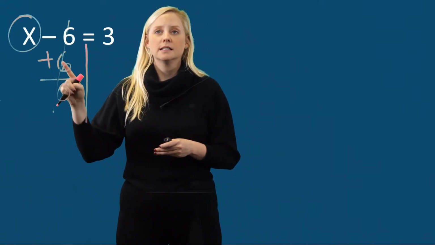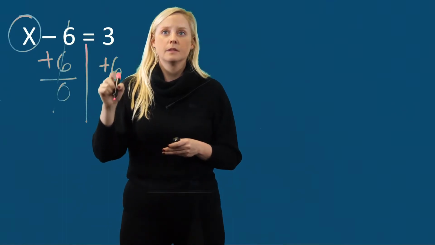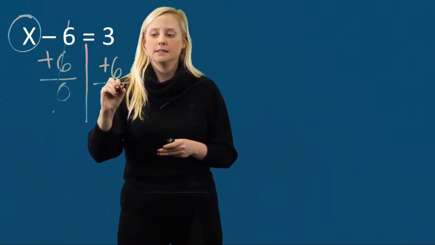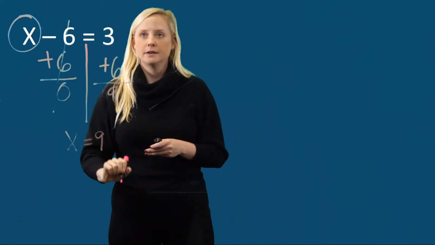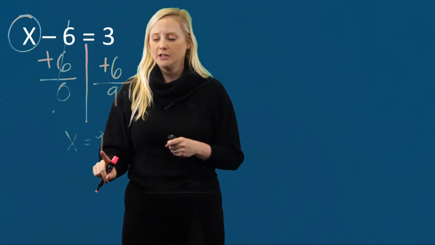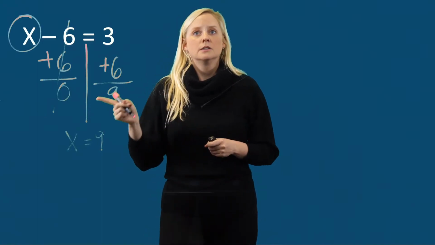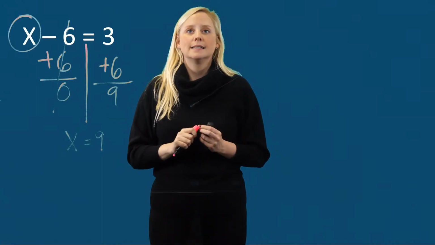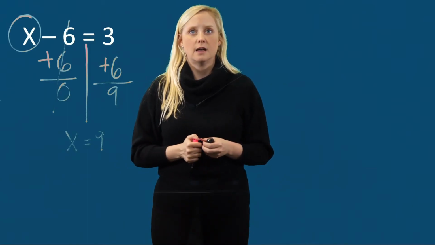If I plus 6 or add 6, I have to add 6 to this side as well. 3 plus 6 is the same as 9. X is the same as 9. When I read my completed number sentence or my completed standard equation, it reads 9 minus 6 is the same as 3. So here's an example of when students had to add to isolate the x, and we'll see an example of student work on the next slide.